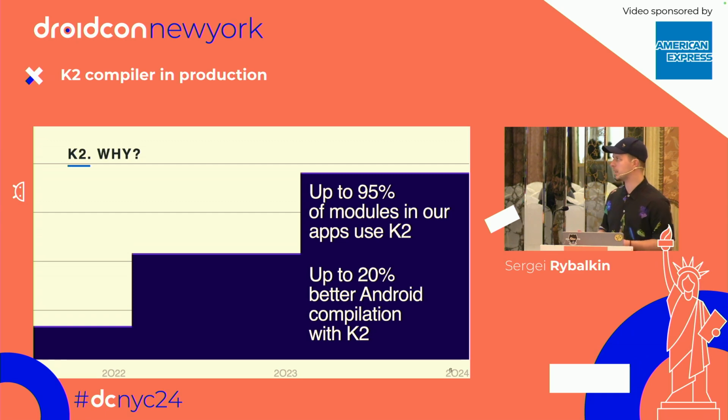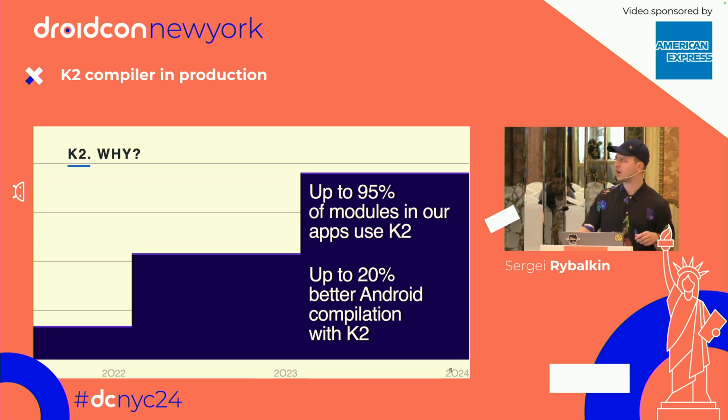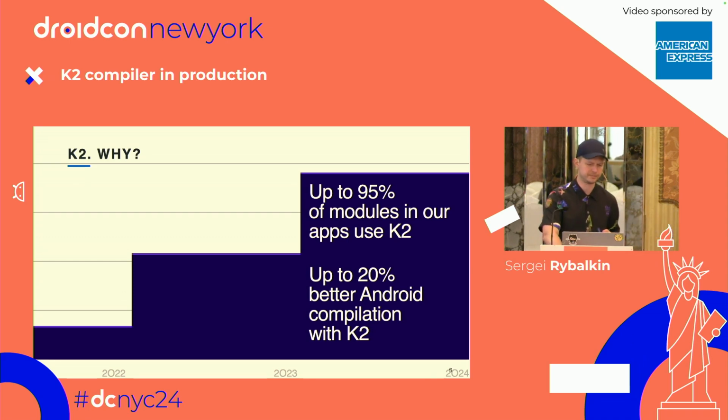And this resulted in better productivity and a better iteration cycle for our engineers. The first apps that reached release were, I guess, Instagram and Threads, about 6 months ago, maybe slightly earlier.